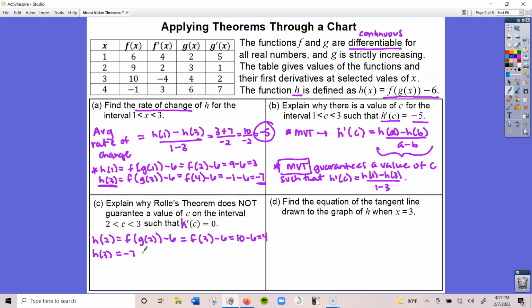In order for Rolle's theorem to apply, these two have to be the same exact number. Therefore, Rolle's theorem is not applicable. And the reason would be because of that third condition, h of 2 does not equal h of 3.